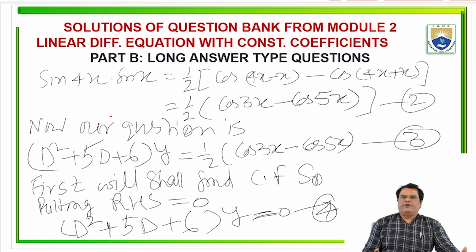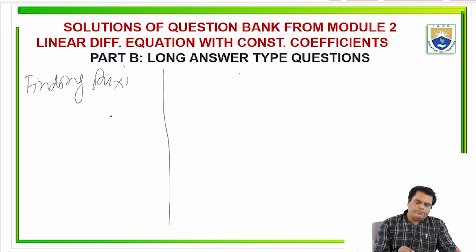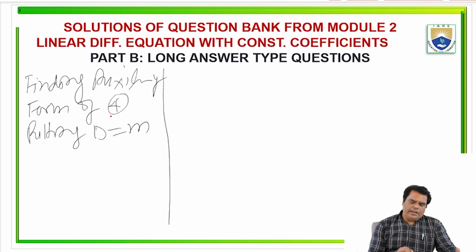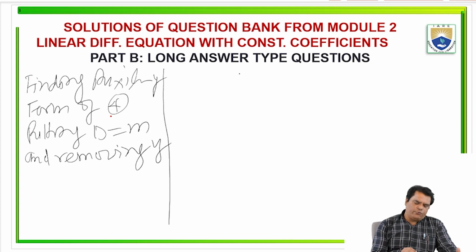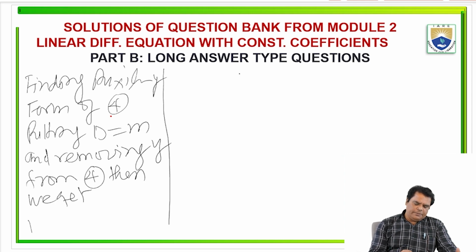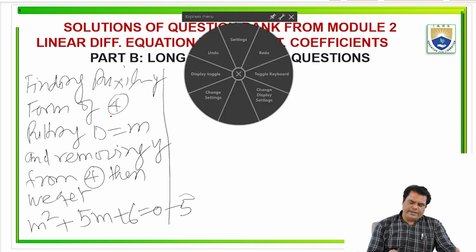Now finding the auxiliary equation of 4, putting D equal to m and removing y from 4, we get m square plus 5m plus 6 equal to 0. This is equation 5.